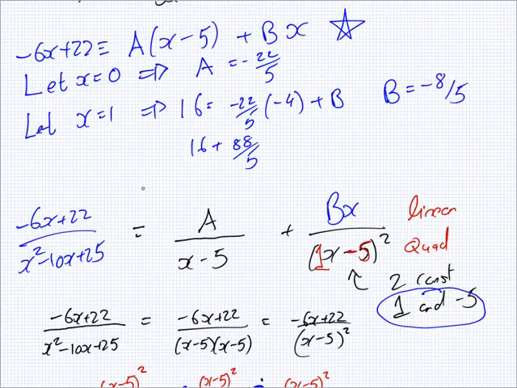So if you look here, we can now say this is equal to, instead, a we said was minus 22 over 5, and b we said was minus 8 over 5x. So if you want to, you could bring the 5s down into the bottom, but you don't need to do that.